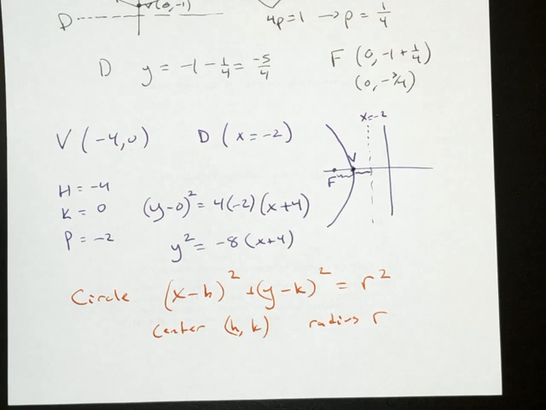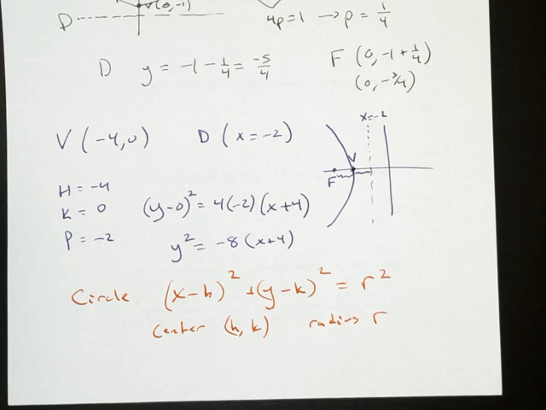Now, a circle is a special subset of ellipses. Remember, we form an ellipse as long as we cut at an angle shallower than the angle of the side. Well, cutting horizontally is definitely shallower. So a circle is a subtype of an ellipse.